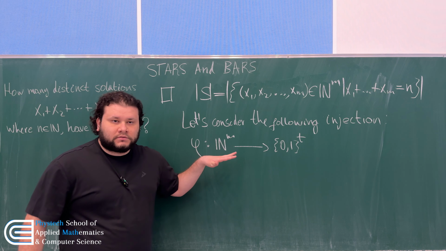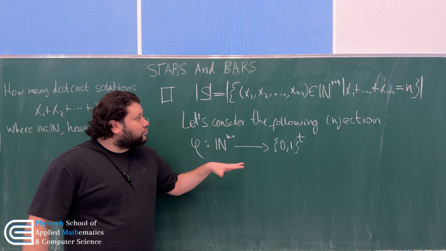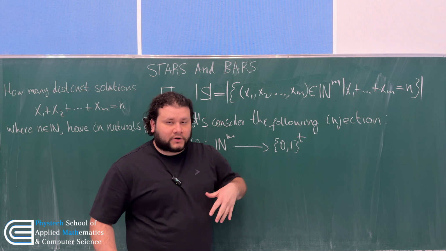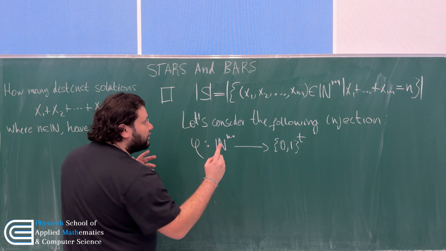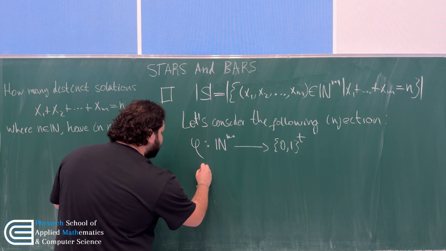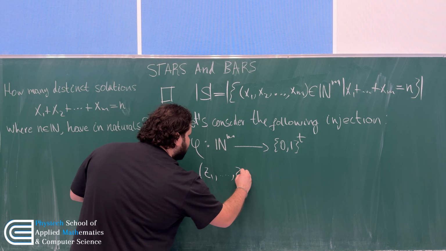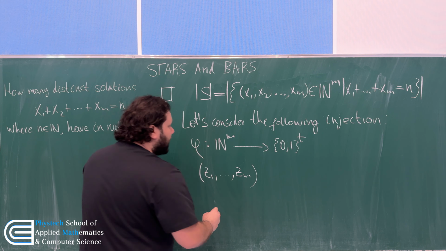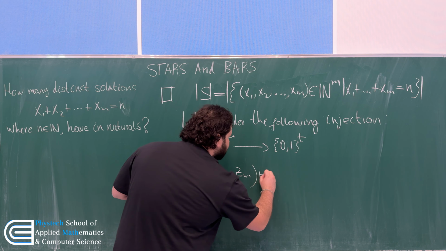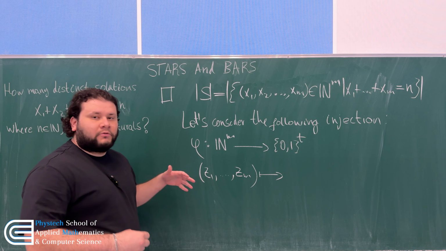And what is this? What we want to do is to take these values. For example, let's take one of the solutions, C1 and so on, Cm, and we are going to map this to the following binary word.